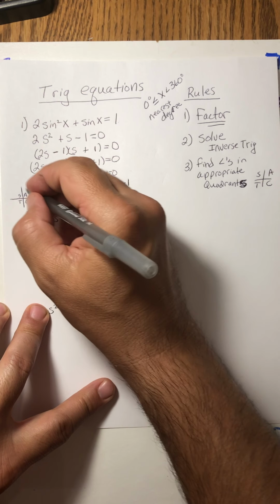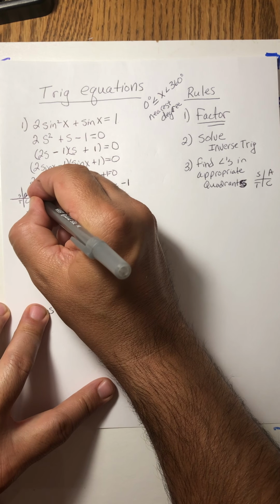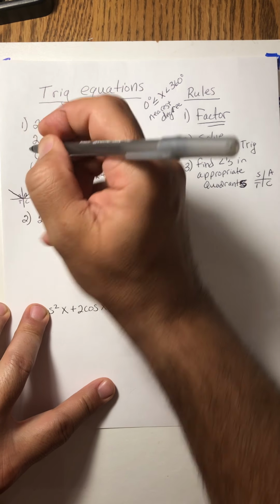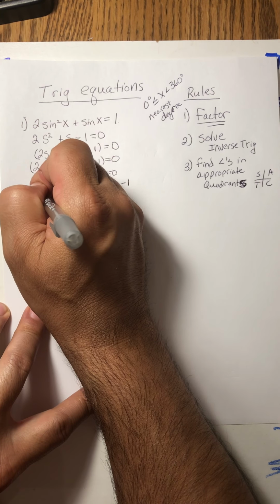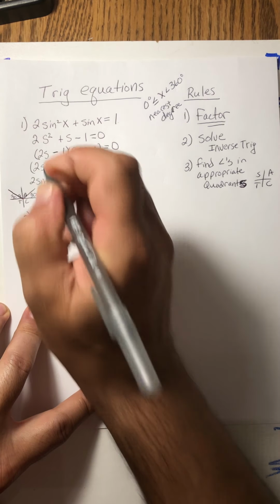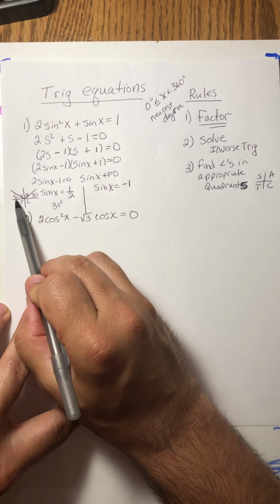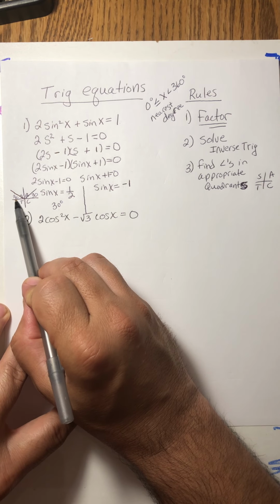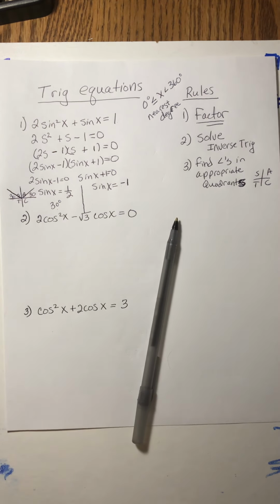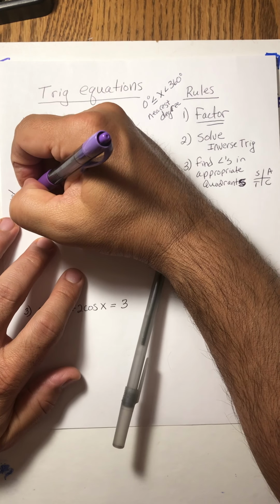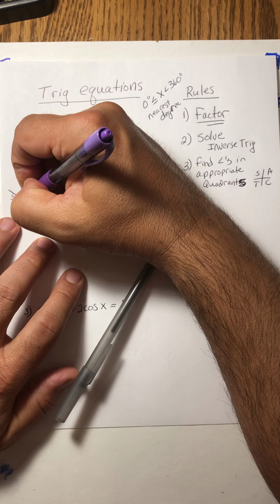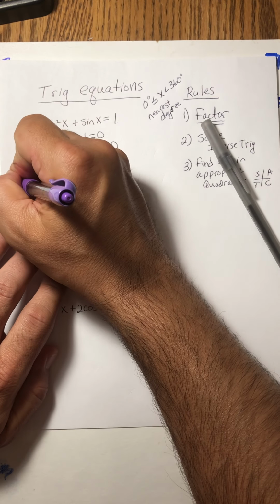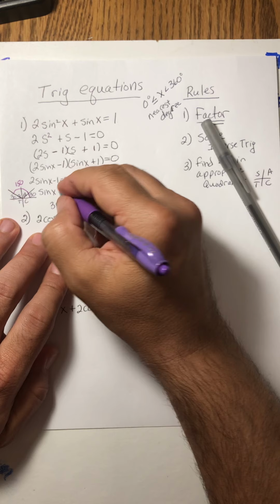Well, it's positive in the first quadrant, and it's positive in the second quadrant. So 30 degrees is one answer, but then also I have a 30-degree reference angle in the second quadrant. So the official angle, starting at the x-axis all the way over, is 150.